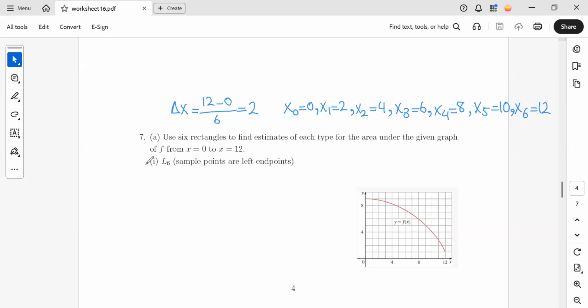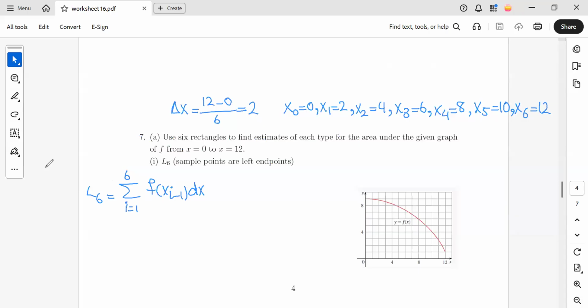Now, for the first part, it says sample points are left endpoints, which we call L sub 6. You know that the definition is f of x sub i minus 1 times delta x, because we are going to use left endpoints. And i is going to be 1 to 6.